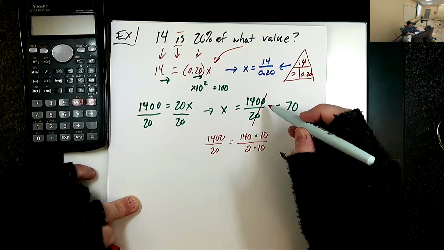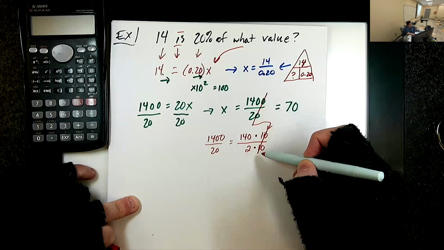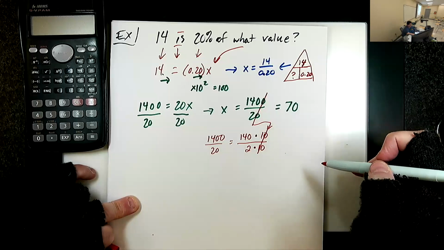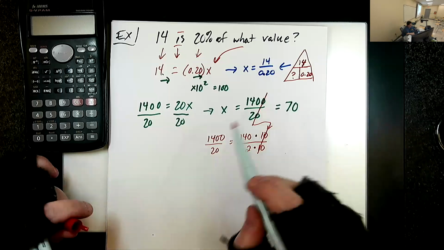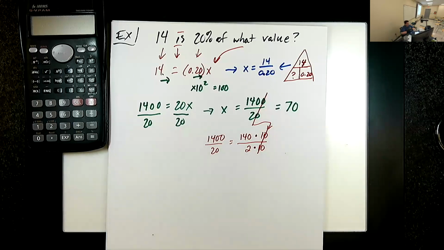And what we're effectively doing when we cross those zeros off is we're crossing off that 10 over 10. So if you're doing it by hand, that might actually make it a little bit easier for you. Any questions? Okay.